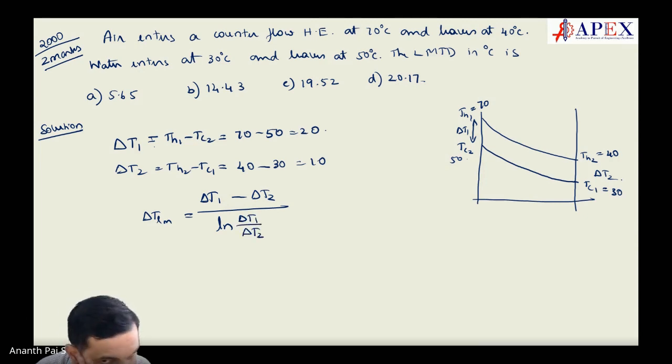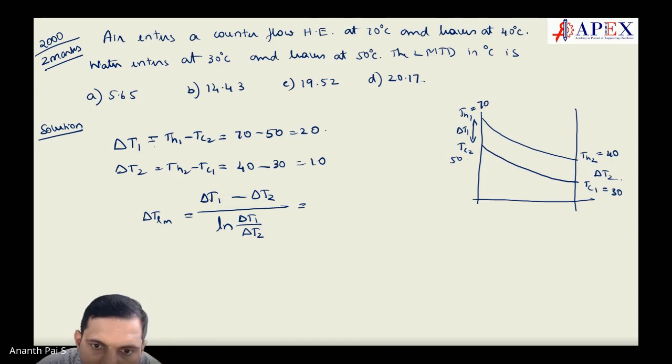Now the question is, should we convert it into Kelvin? Answer is no. It will come even in degree centigrade, because delta T, whether it's in Kelvin or degree centigrade, is the same.